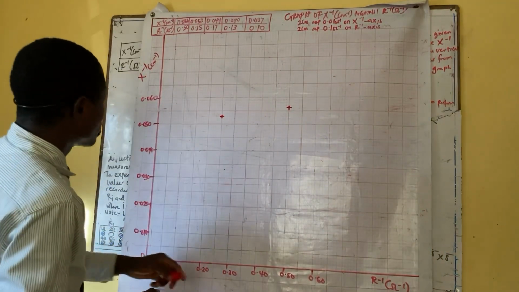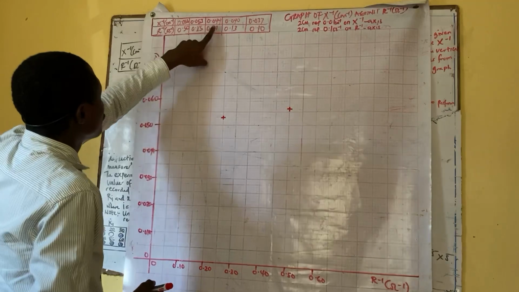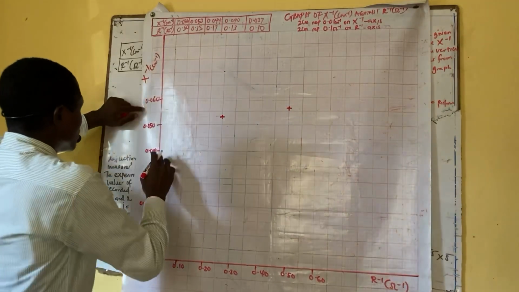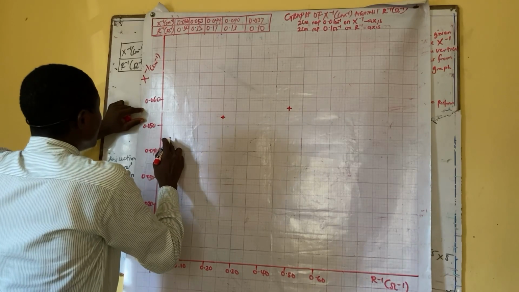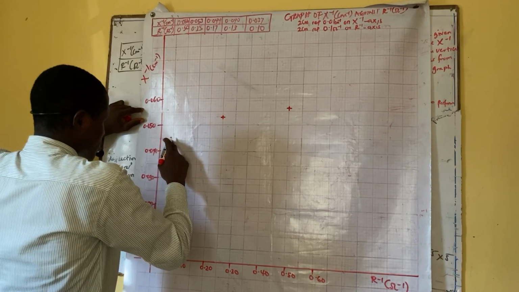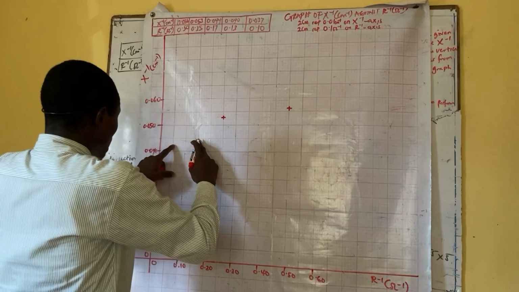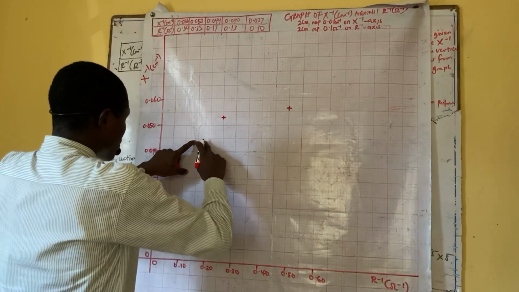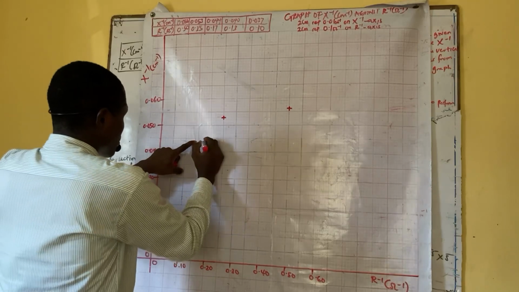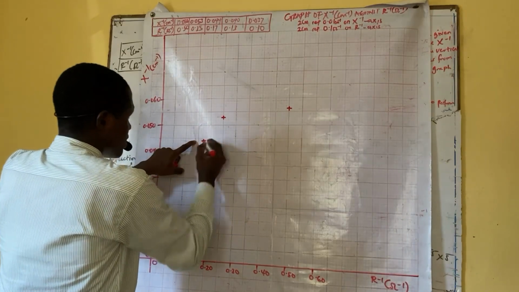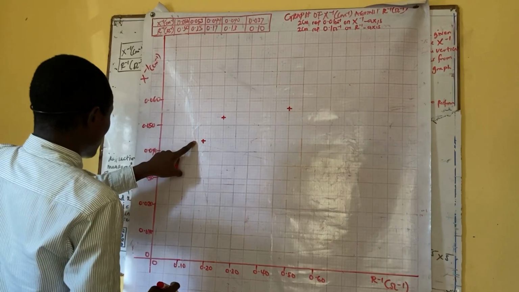Then 0.044 against 0.17: counting 0.41, 0.42, 0.43, 0.44 against 0.15, 0.16, 0.17, we have a point here.